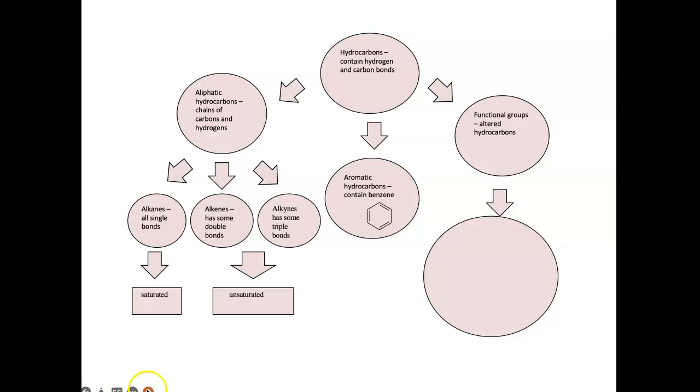And then some of our functional groups that we still have to look at: ether, ester, aldehyde, ketone, carbonyl group, carboxylic acid group, alcohol, amide, and amine. If the group has sulfur, it's called a thiol group.